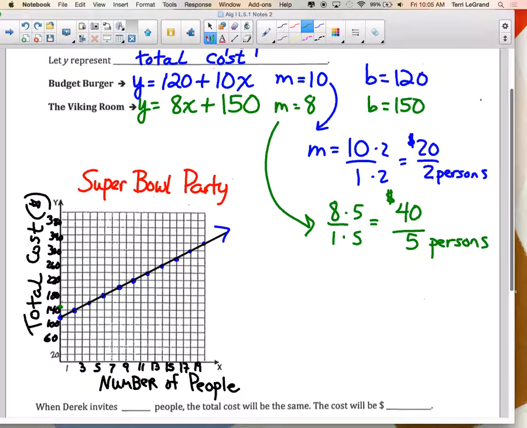Now we can go up 40 and over 5 persons. And draw your line segment, ray.